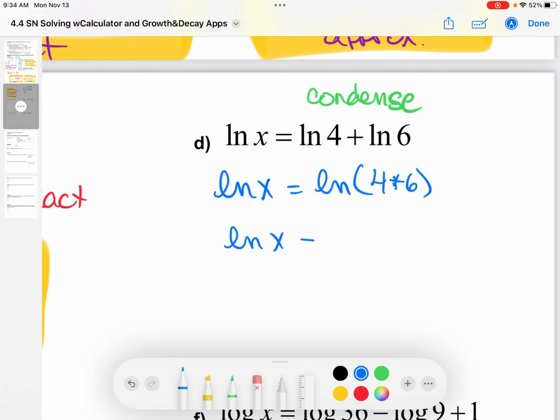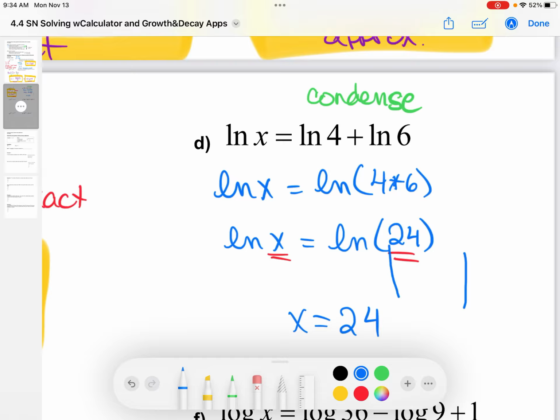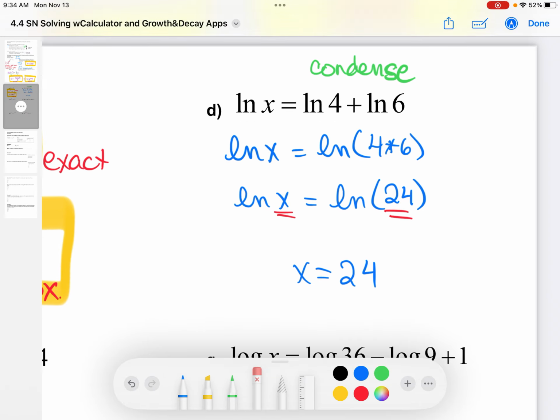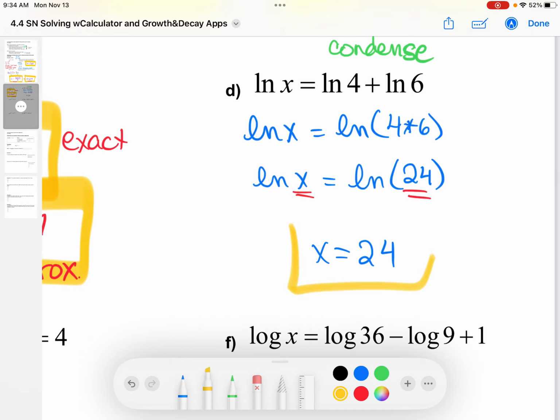So natural log of x is equal to natural log of 4 times 6. That's 24. And then x has to equal 24. And this is your answer. It's both exact and approximate. There really isn't an approximate here because your exact answer is 24.